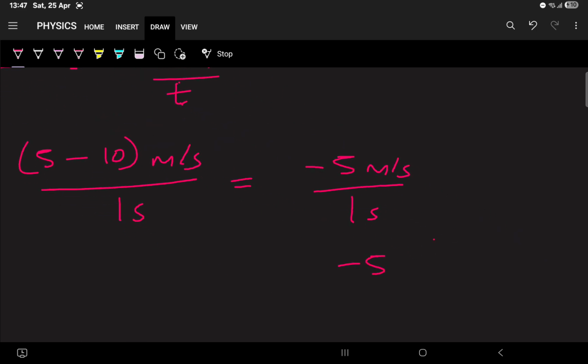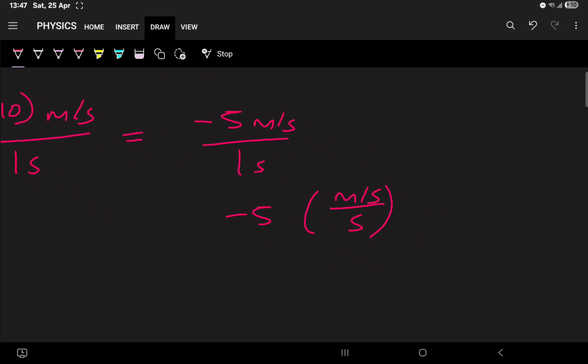This is going to be negative 5. Simplifying the units on this side, meter per second divided by second, this is going to go to negative 5 meter per second squared.